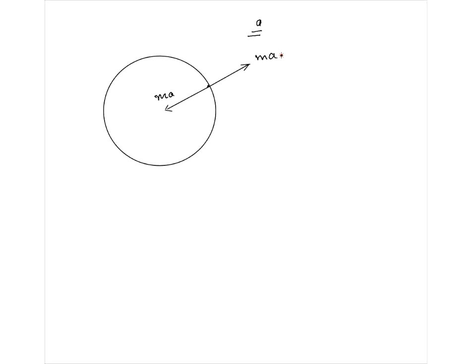Because Newton's second law does not work for non-inertial observers, and we want to make it work, we have to introduce the concept of pseudo force. Otherwise, pseudo, you know what pseudo means in the English language.